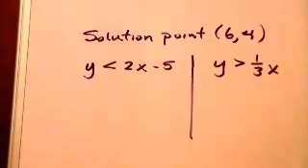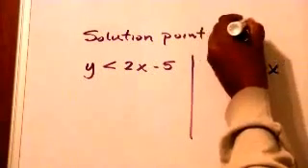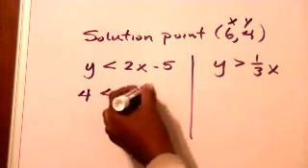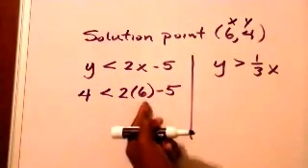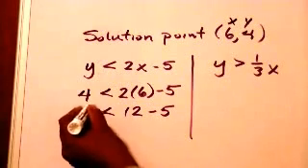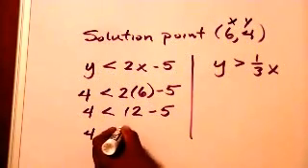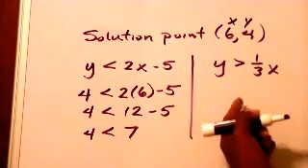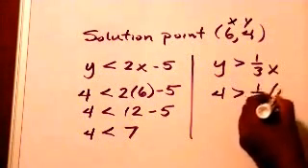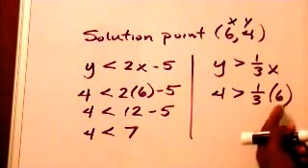So here's the solution point that I chose from the shaded orange region. And I'm going to plug this point into each of the inequalities. So this is my x and this is my y. 2 times 6 is 12, and 12 minus 5 is 7. On the other side, I have 4 and 1/3 of 6.